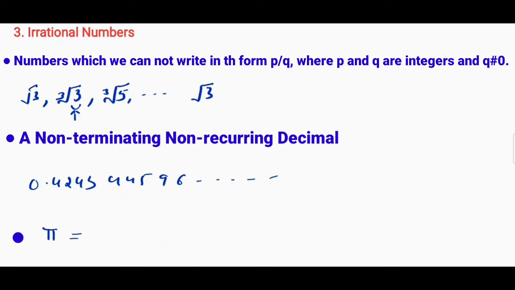And we know why pi is an irrational number, because we won't get its exact value. Pi is equal to 22 by 7, or this is equal to 3.1415925 and so on. So this is also a non-terminating non-recurring decimal. That's why pi is also an irrational number.